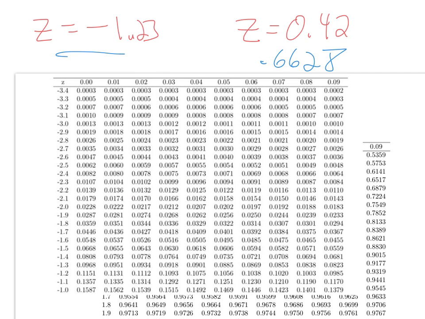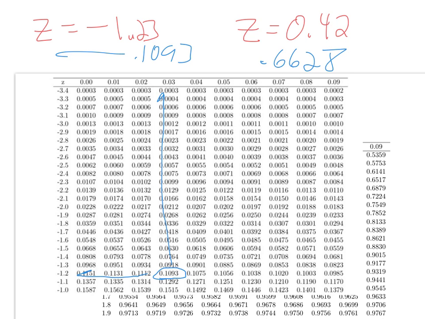Here's the negative z-score table, and I'm looking for negative 1.23. Let's see if we can find negative 1.23. I think that's right. 0.03, negative 1.2. So 0.1093.